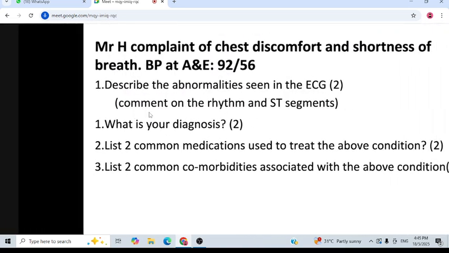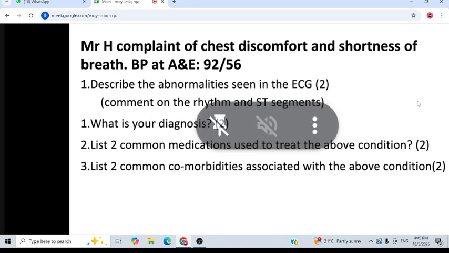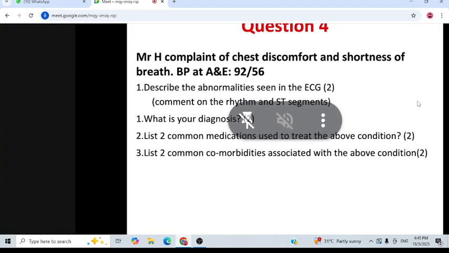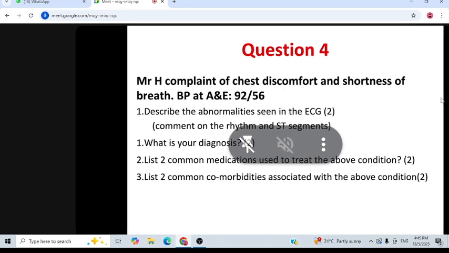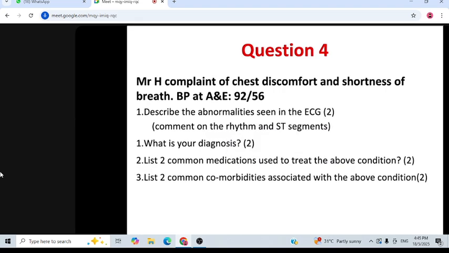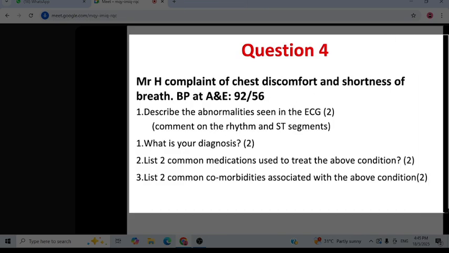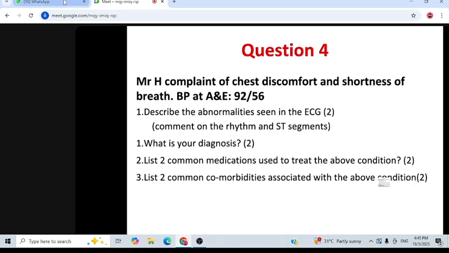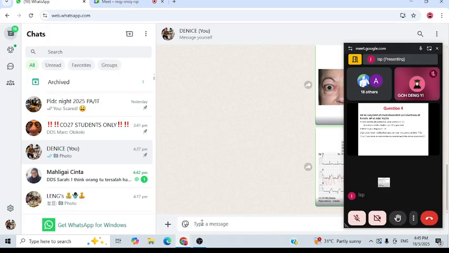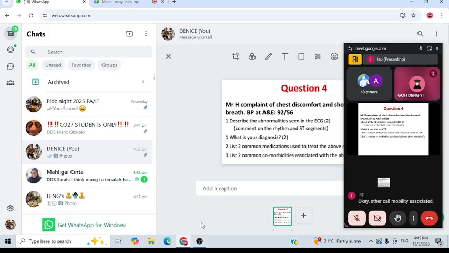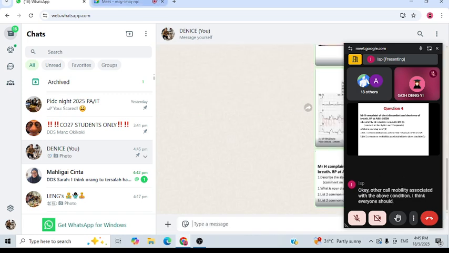You can answer your fibrinolytic agent will be your metalyse. You can answer fibrinolytic agent also as well. But you can answer metalyse or streptokinase, or you can even answer something like aspirin, clopidogrel. I will accept that as well. Other comorbidities associated with the above condition, I think everyone should know now.